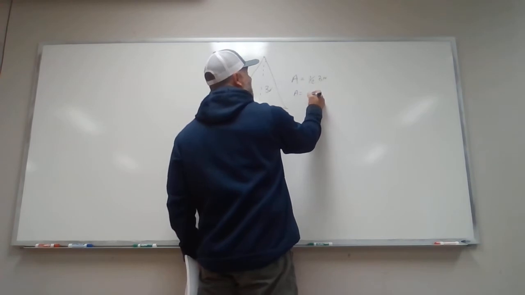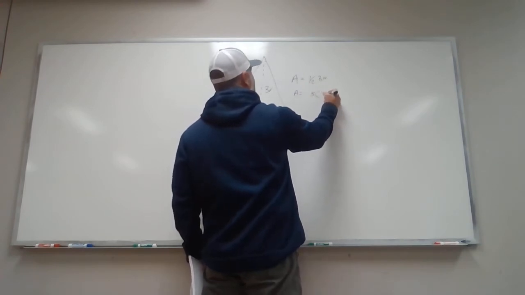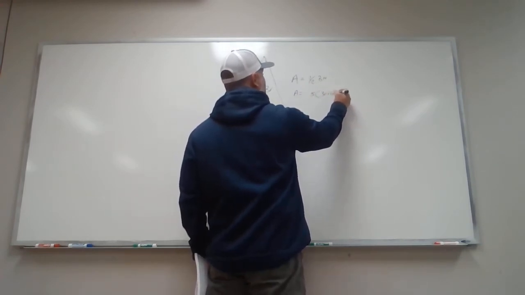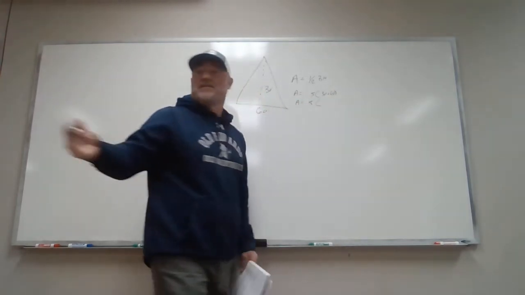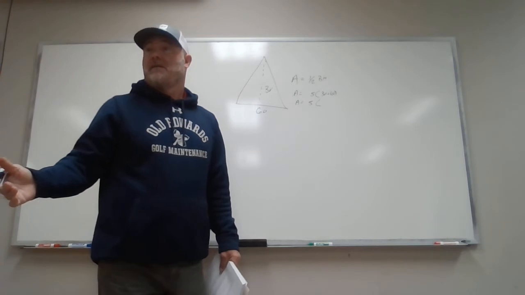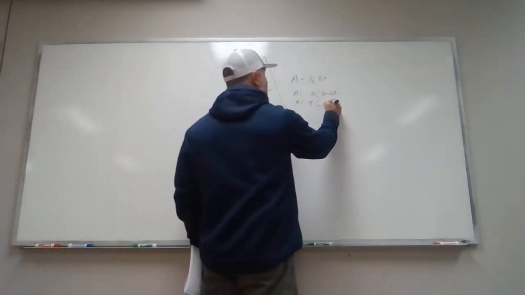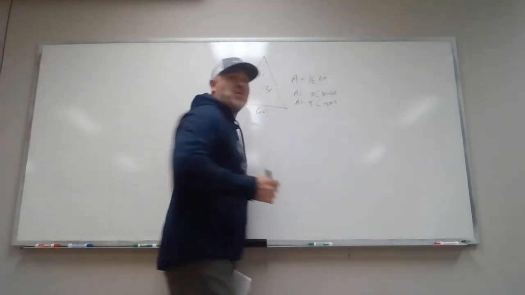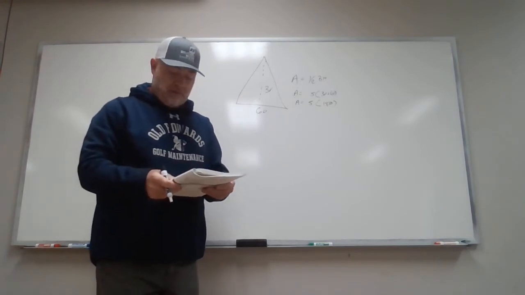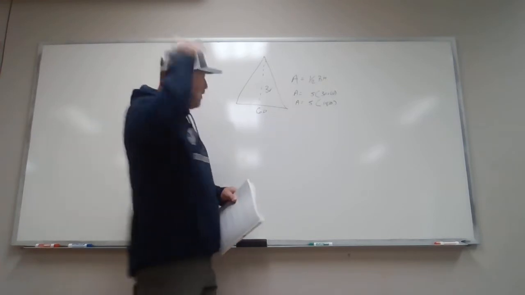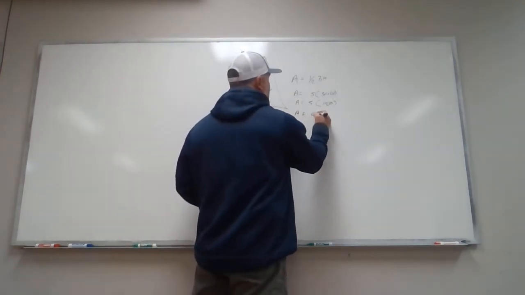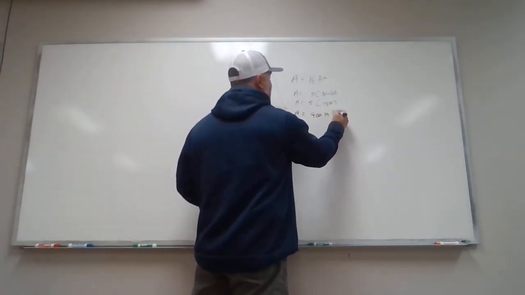So A equals 0.5 times 30 times 60. Boom. 900 square feet.